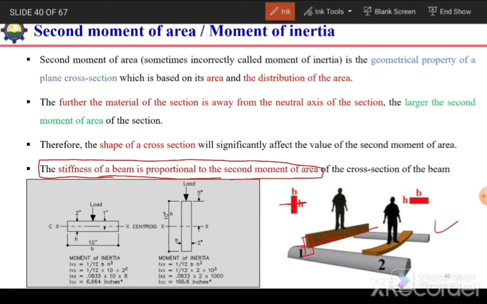So here I will be high, the deflection will be less, and the rigidity and stiffness of the structure will be more. In the second case, the material is close to the neutral axis. In that case, there will be excessive deflection in the wooden plank.